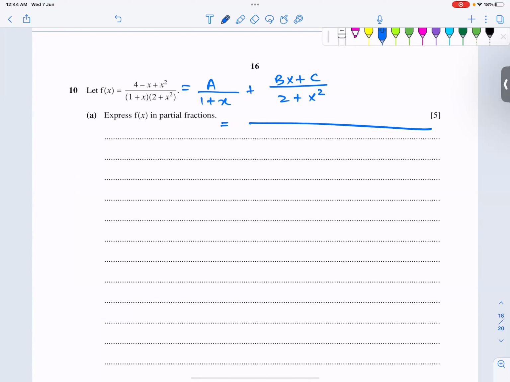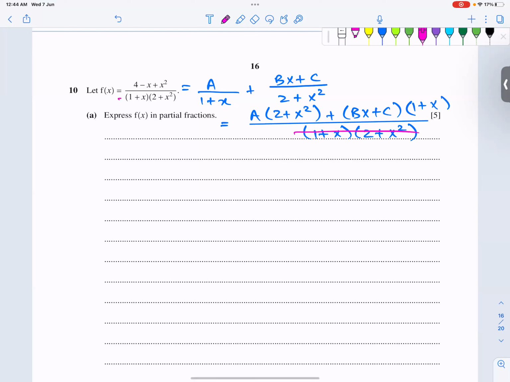Now take the LCM. 1 plus x into 2 plus x squared, a times 2 plus x squared plus bx plus c times 1 plus x.